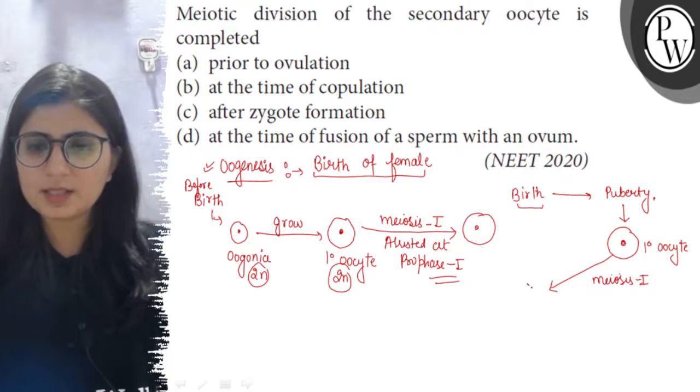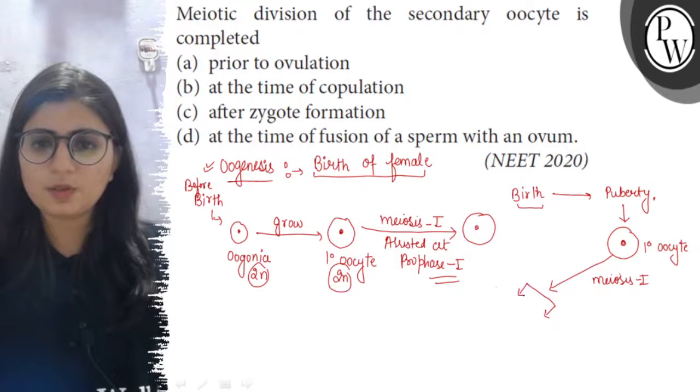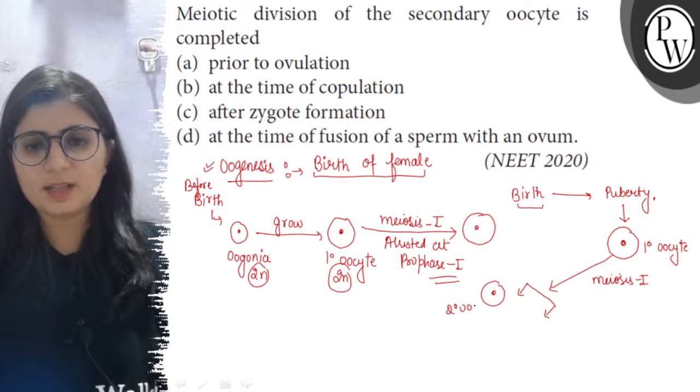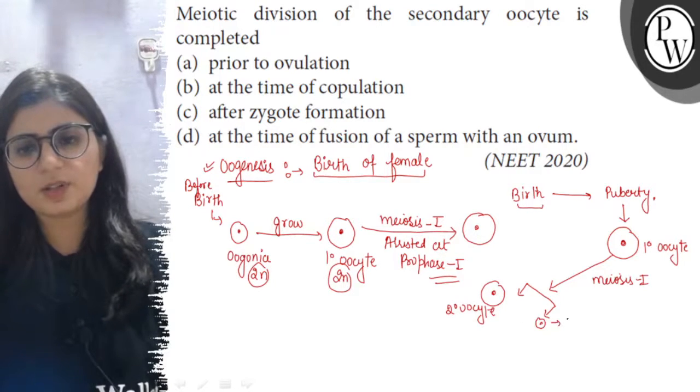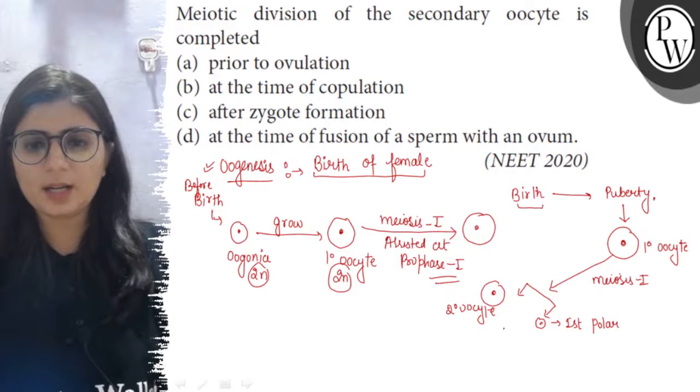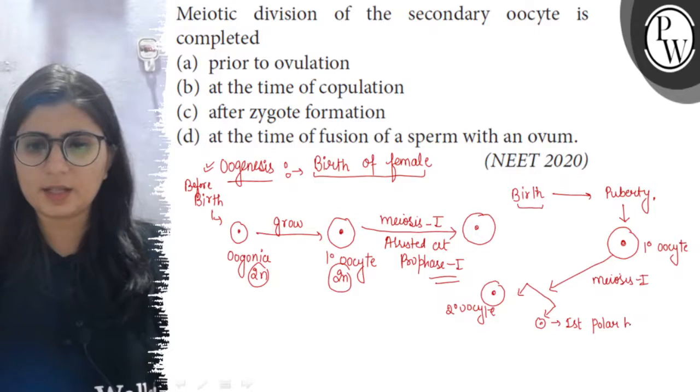Two cells are formed: a small haploid cell called the first polar body, and a large cell called the secondary oocyte.